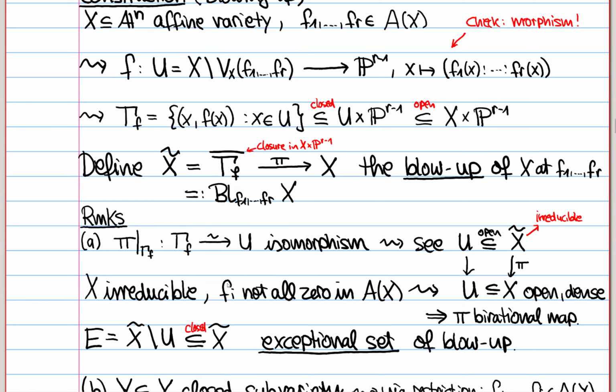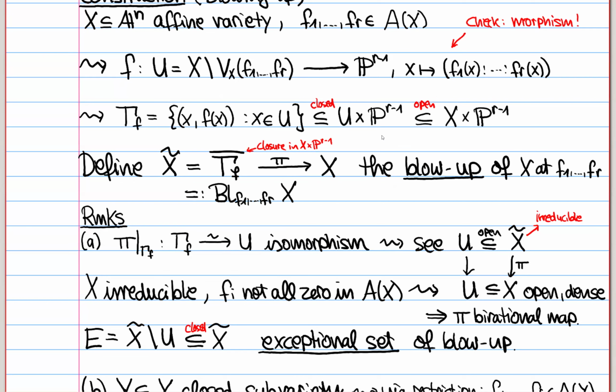And then the claim is that if you take this closure, you get x tilde, then because this graph here is still closed inside this open set, the closure doesn't add anything.